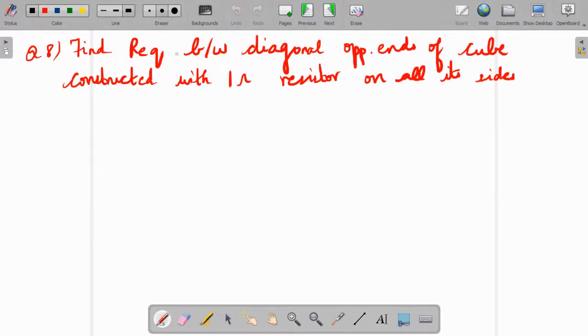Next, find R equivalent between diagonally opposite ends of a cube constructed with 1 ohm resistor on all its sides. How to interpret this question? First let us draw a cube.